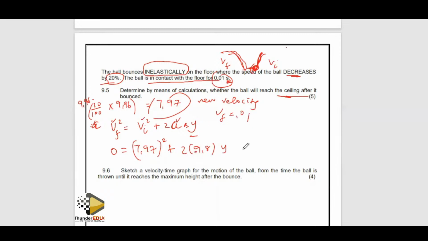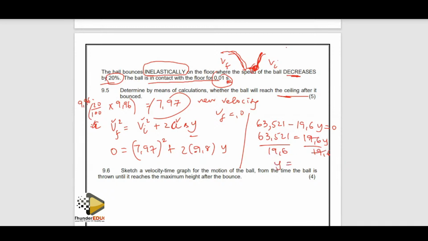Okay, when I simplify that, 7.97 squared, I'm getting 63.521 minus 19.6 y is equal to 0. Move it that side, 19.6 y. Then divide both sides by 19.6.